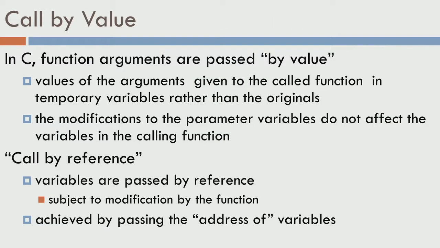So, one thing that we have done so far is we have seen what is called call by value. In C the function arguments are all passed by value. The values contained in the actual parameters are copied to variables which are the formal parameters.